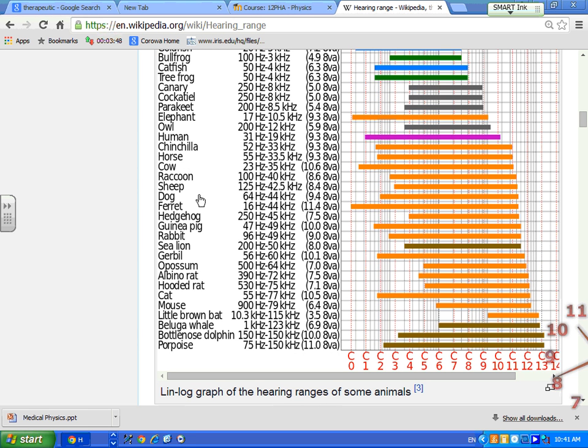We can actually hear a bit higher. You go to dolphins, they will go to 150,000 hertz. Look how high pitched they call each other. Exactly. And it's quite fun sometimes to listen to those calls. What about whales? Where are whales? Whale. Oh, there's 123,000. That's still a fair bit.